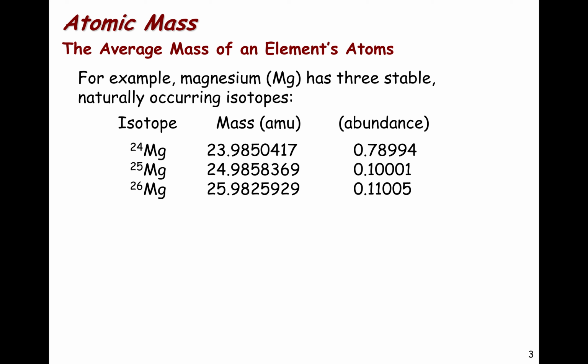This occurs as approximately 11% of the magnesium. There also happens to be a magnesium that has an atomic mass of 25. This is approximately 10%. And then finally, the most abundant isotope, which is magnesium 24, which is approximately 80% of the magnesium that occurs here on Earth.